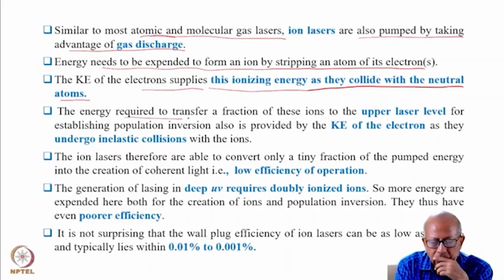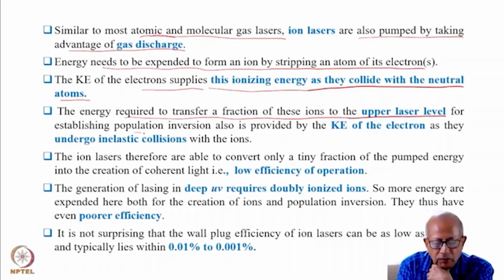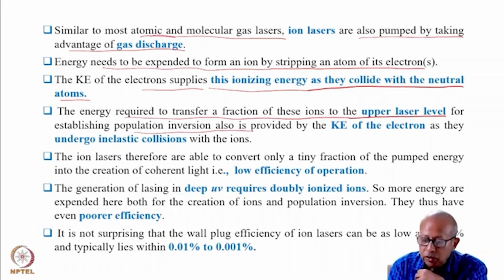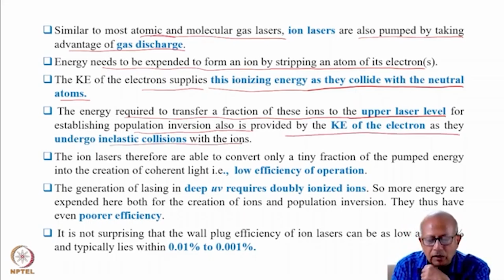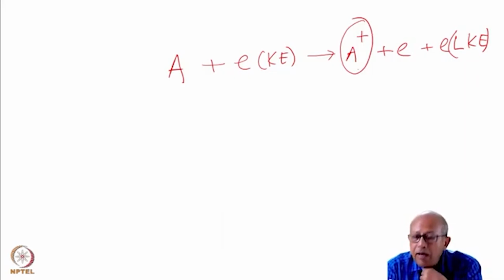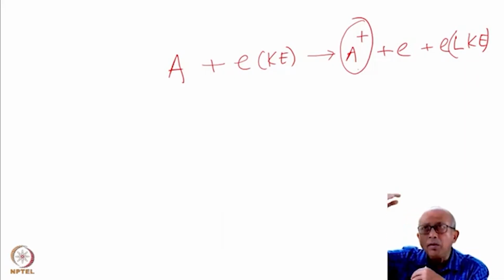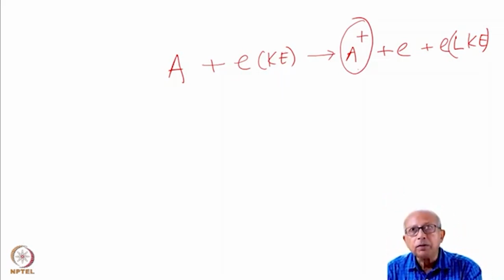The energy required to transfer a fraction of these ions to the upper laser level for establishing population inversion also is provided by the kinetic energy of the electron as they undergo inelastic collision with the ions. Now, once the ions have been created, they will have to be pumped to the pump level for realization of population inversion.